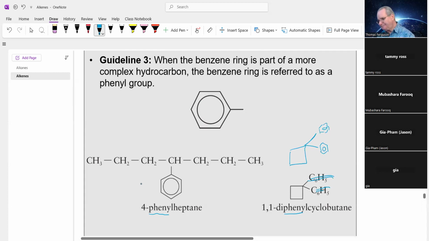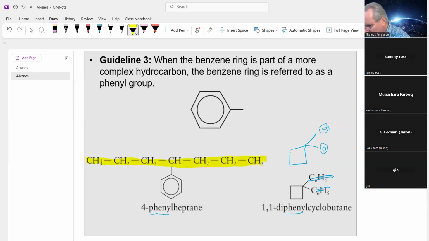Okay, so same old backbone. Now, this backbone does not contain any functional groups. The phenyl is considered an aromatic branch. It's not a functional group.